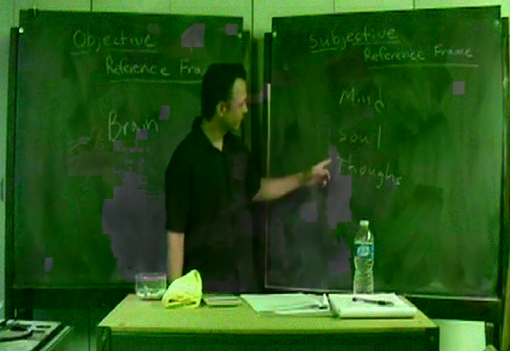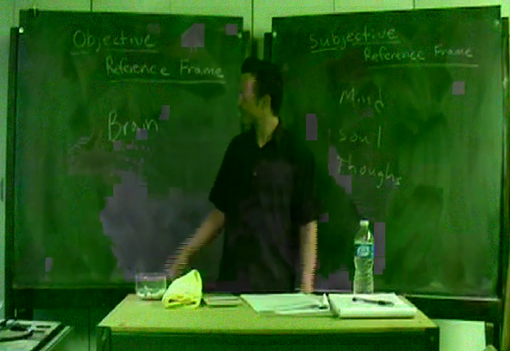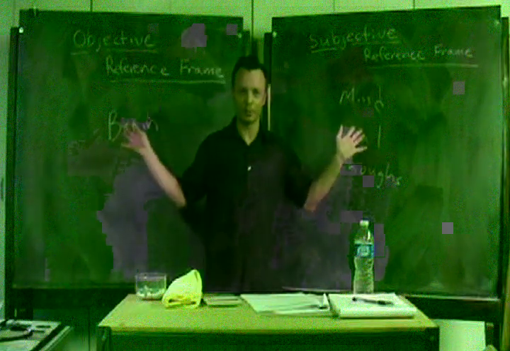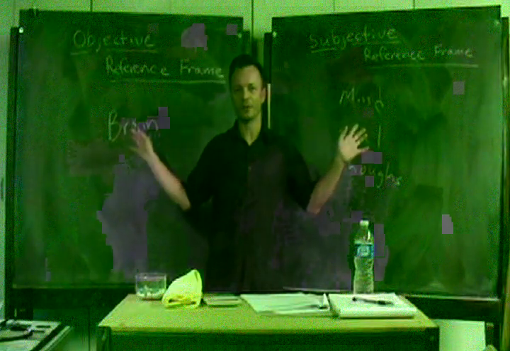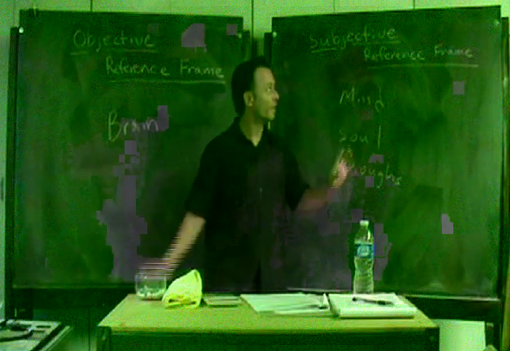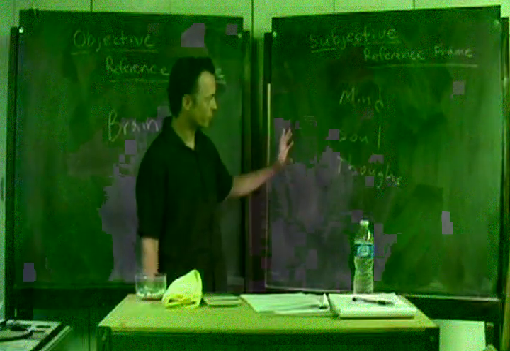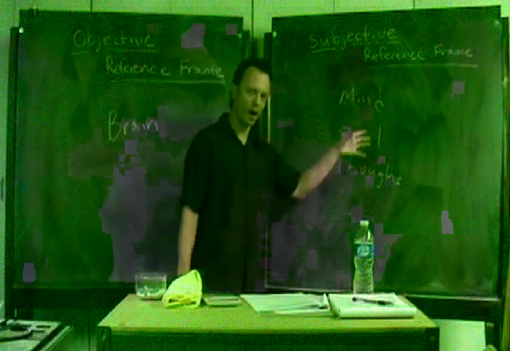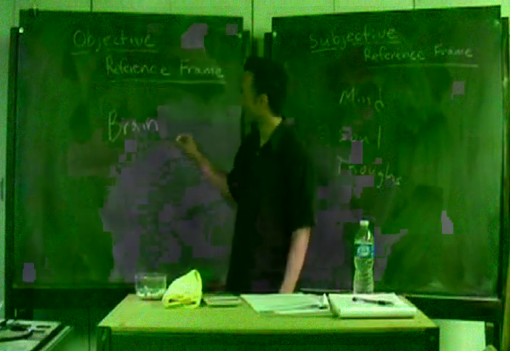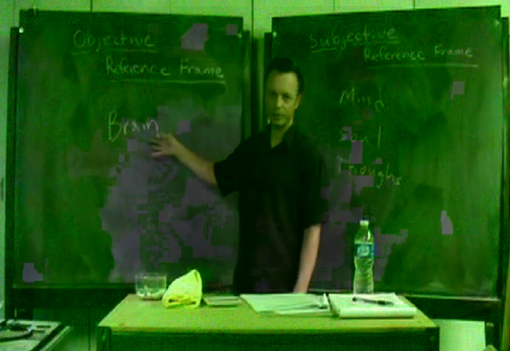I'm not interested in it because I'm just going to assume that mind and thought are not the same thing as brain. And yes, maybe you need a brain in order to have mind and thought, but these are completely separate, distinct, orthogonal properties, and these are part of a subjective frame of reference, or being more non-physical, and these are part of an objective frame of reference, more physical.